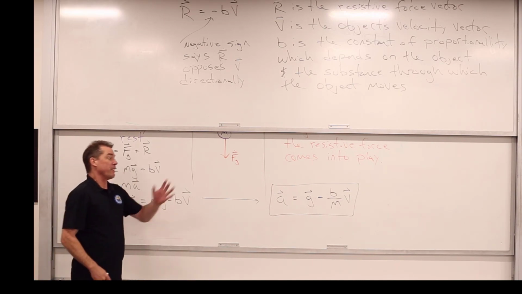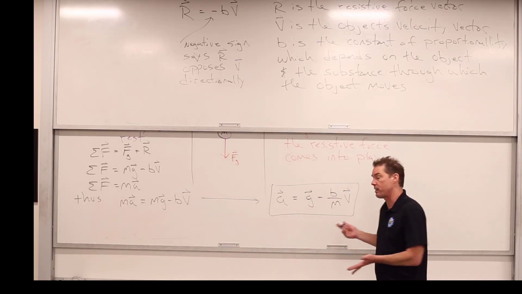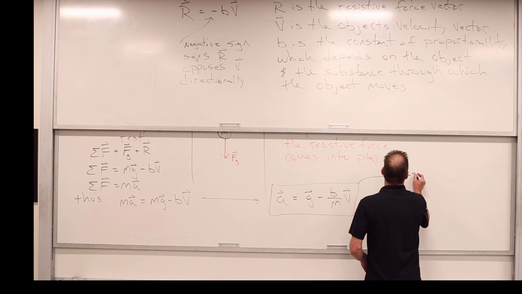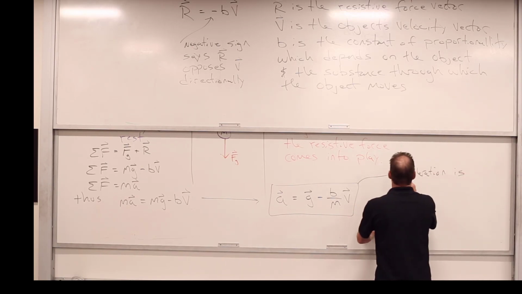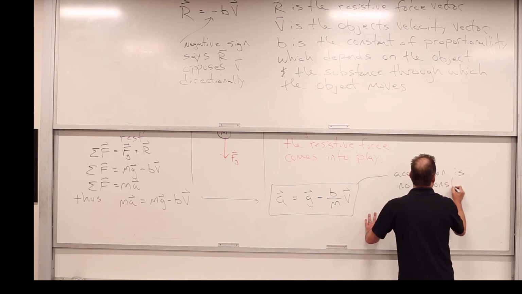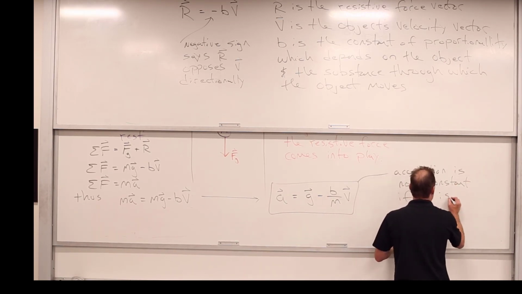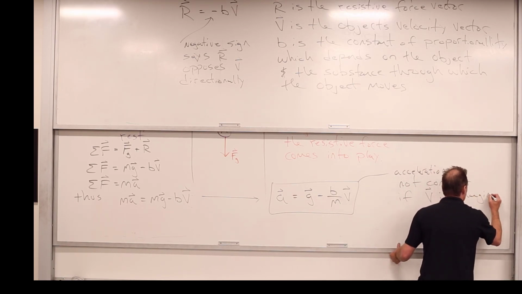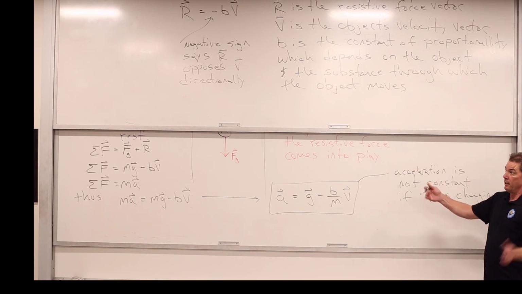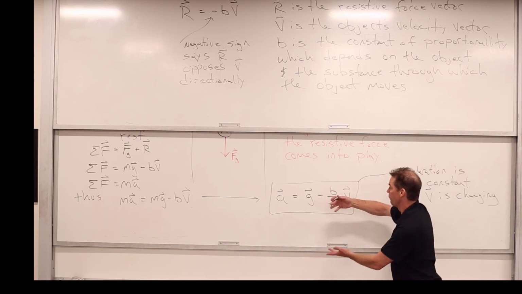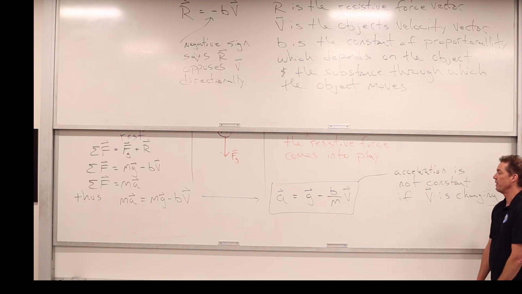What do we know? The velocity is changing, then the acceleration is changing. This is not a case of constant acceleration. The acceleration is not constant, v hat is changing. As this object goes from a zero velocity to a non-zero velocity, we've got a changing velocity, we've got a changing acceleration.